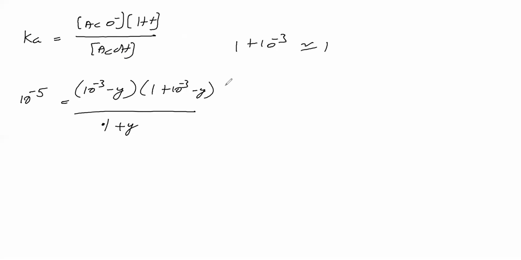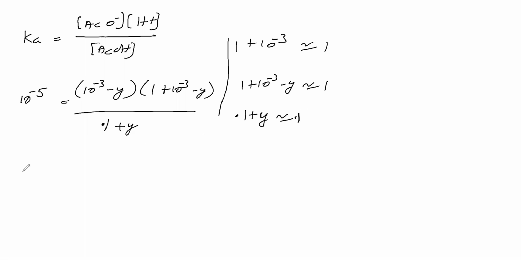Then 1 plus 10 power minus 3 minus y also we can take as 1, because the equilibrium constant is 10 power minus 5, therefore this y is negligible when compared to 1. Then 0.1 plus y is also nearly equal to 0.1. Whether it is correct or wrong, we will check.